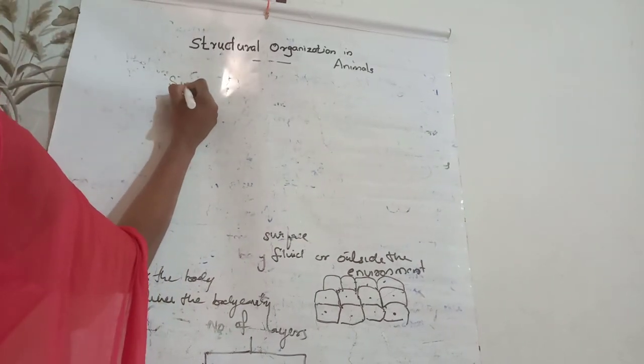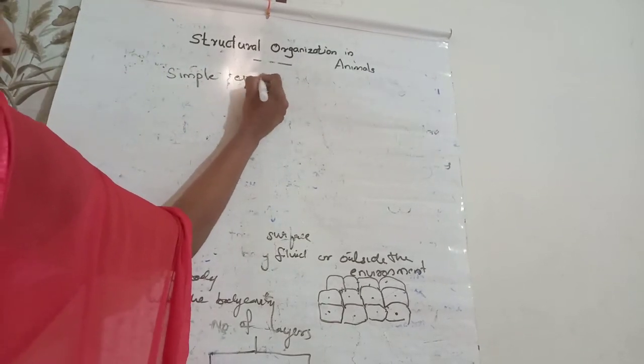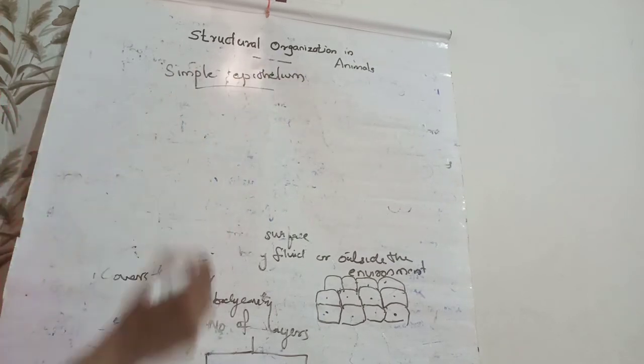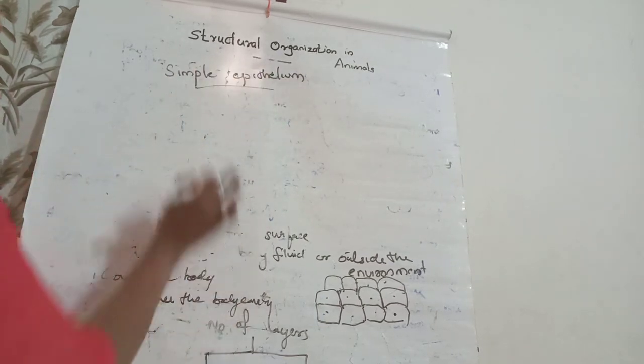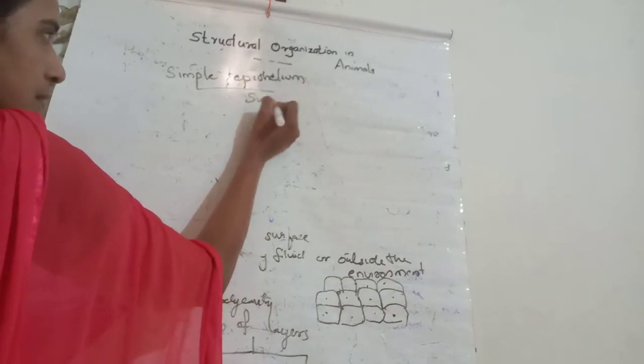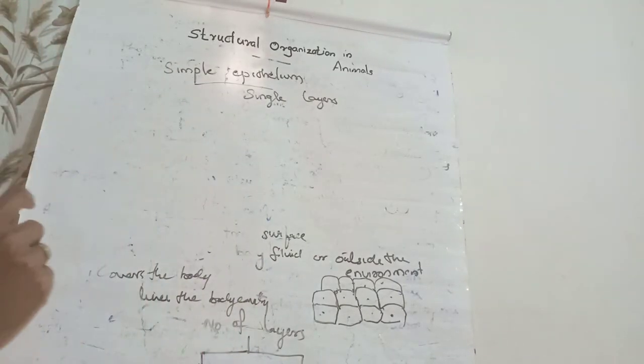First one is simple epithelium. Based on the number of layers, simple epithelium consists of a single layer of cells.